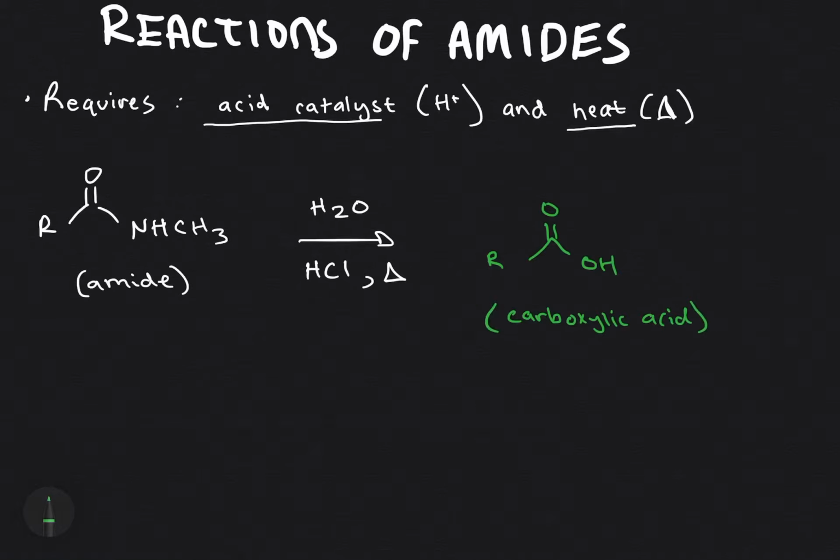Let's draw the side product for this right quick. It would be NH3 plus CH3, like that. So hopefully we can visualize how we're losing one of these hydrogens here and just adding the OH that's left onto this molecule.